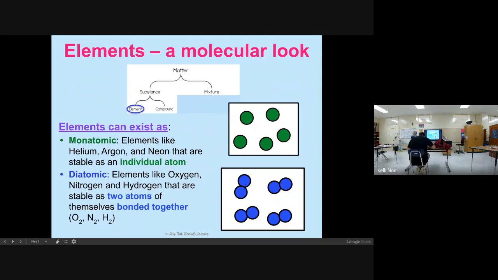They are stable when they're two atoms of themselves bonded together. So if you see a picture of a single circle, that's an element. If the circles are shaded the same color, it's also an element because they're all identical.